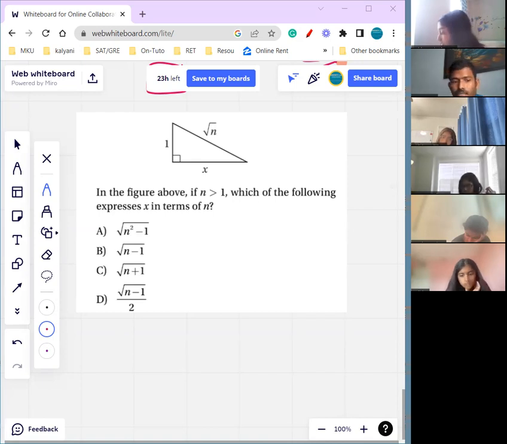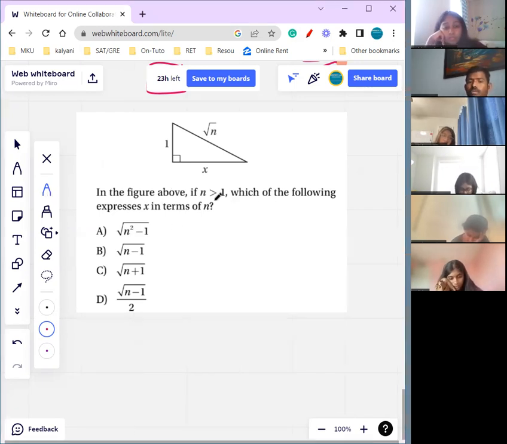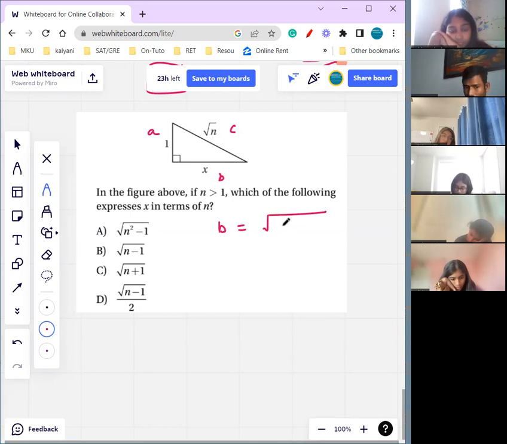Okay, good. All right, let's go over this one together so we can get an idea, okay? Now, when I see the right triangle, my brain goes directly to the Pythagorean theorem. We know this is a, b, and c: a squared plus b squared equals c squared. If I want to find the b value, b is the square root of c squared minus a squared.